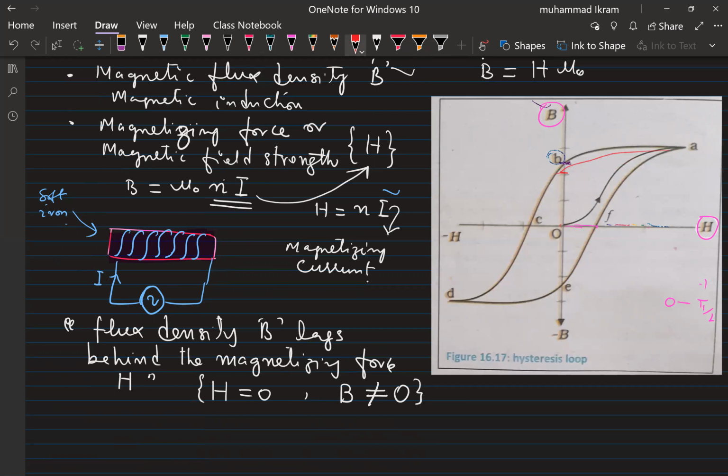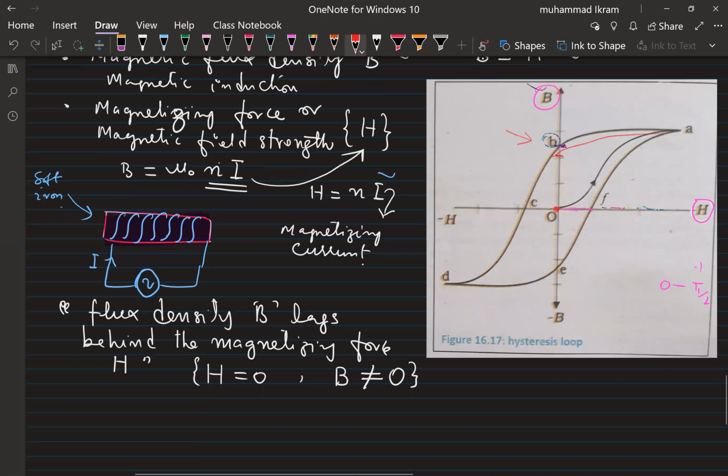Even when the current falls to zero, B does not fall to zero; there still remains some magnetism. This is known as the residual magnetic field. Why? Because once the magnetic domains align themselves, they stay aligned even when the magnetizing current is removed. They permanently remain aligned.